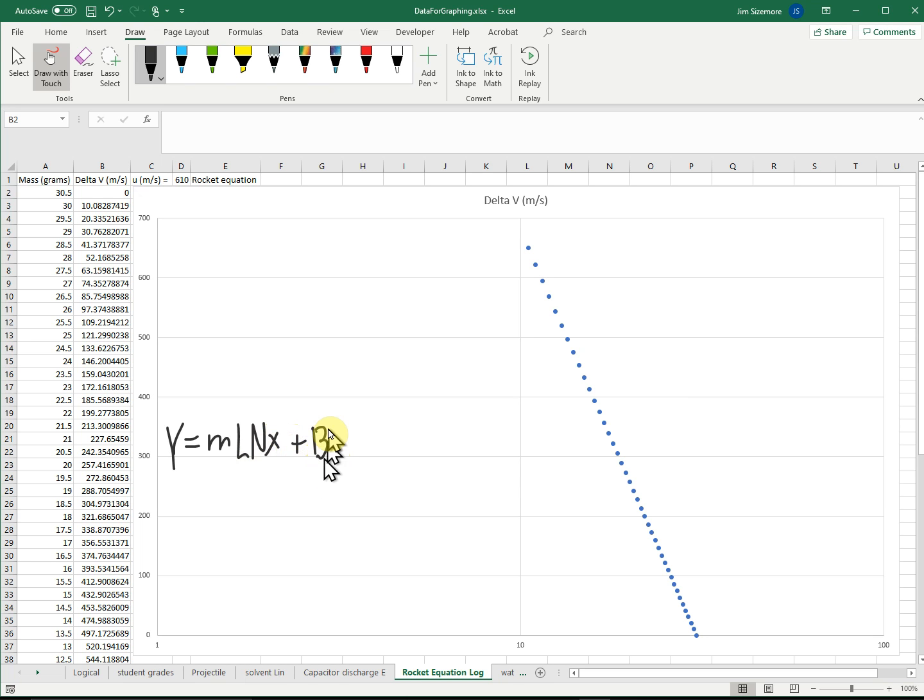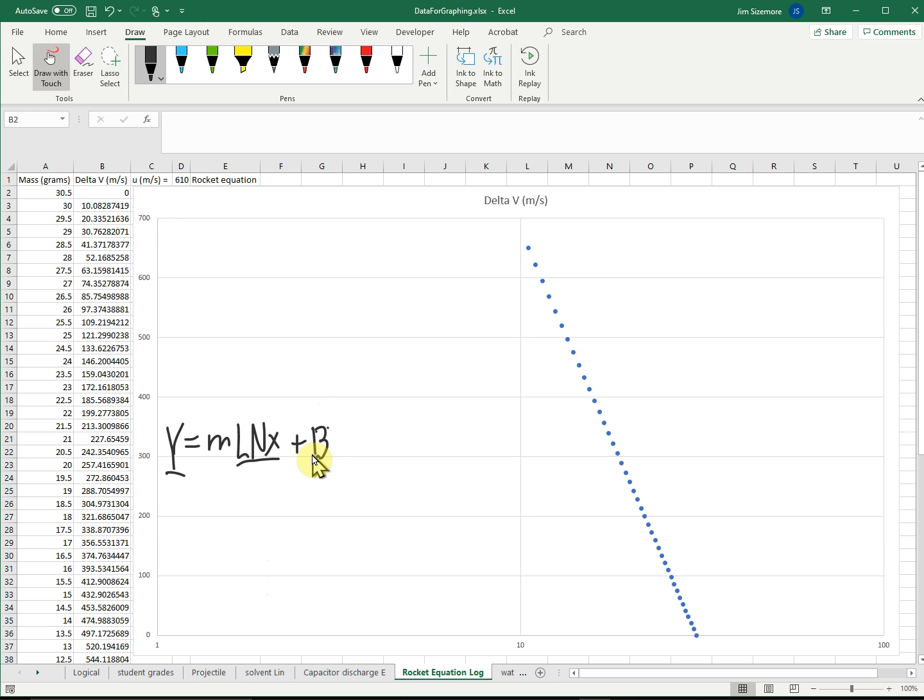Now if we put in the trend line, we don't have to worry about this or this. It just takes the logarithm of x, y equals this, and it just finds the slope and intercept from that.